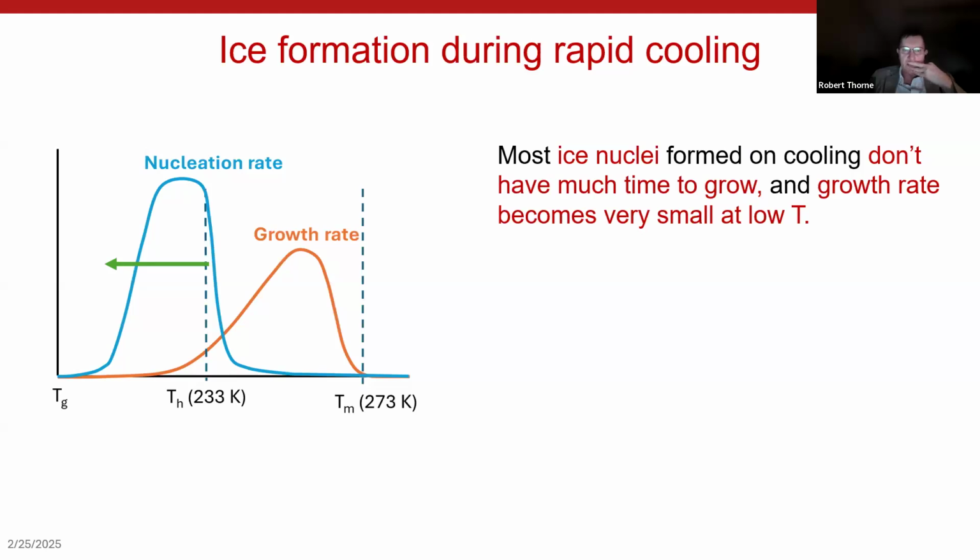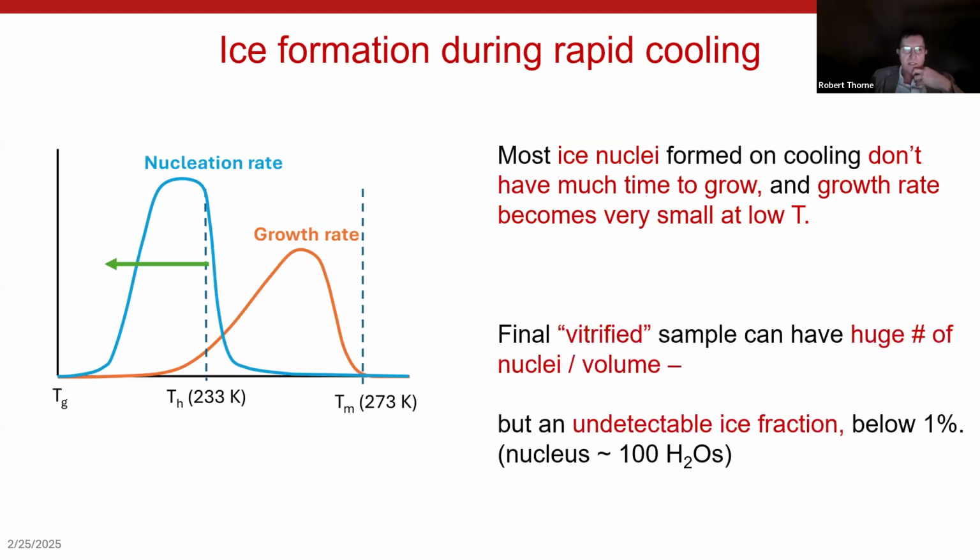And it turns out that by the time you have lots of nuclei, the growth rate is falling. And so those nuclei may not grow that much. So you end up with a cold sample that might have a lot of nuclei, but the volume fraction of ice may be quite small because all those nuclei haven't grown much.